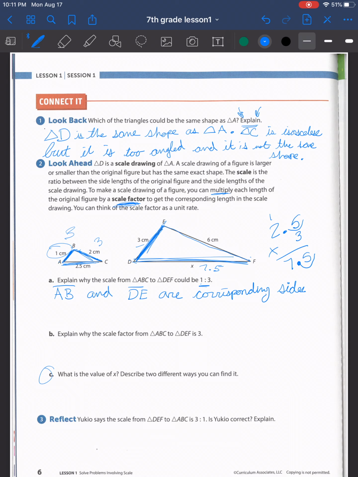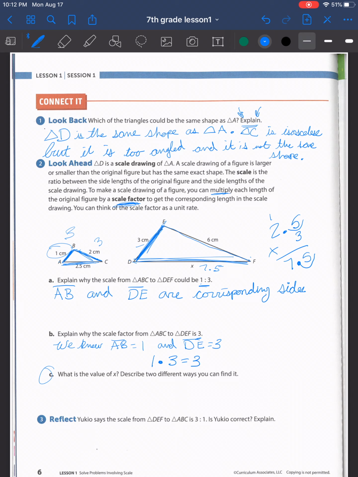They're corresponding sides. Explain why the scale factor from ABC to DEF is 3. Well, we found that out because we know A to B equals 1 and DE equals 3. 1 times 3 equals 3.